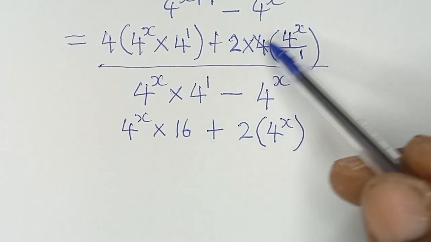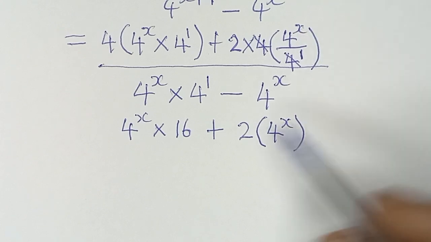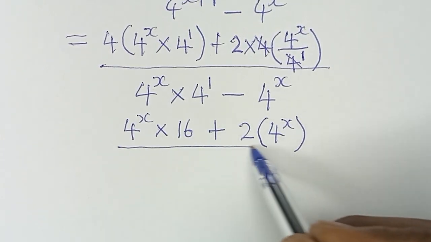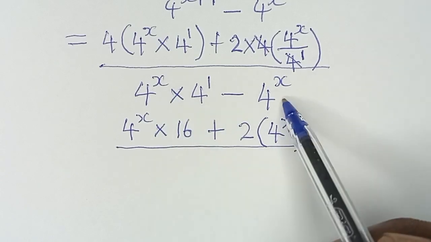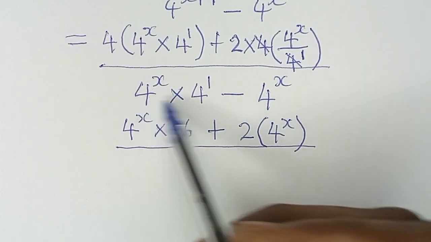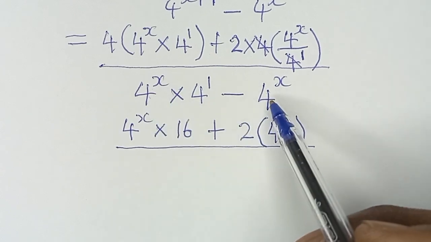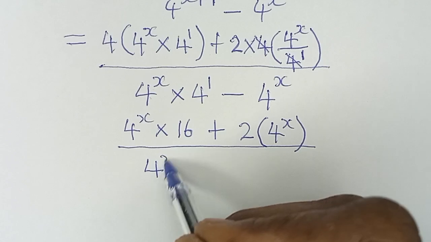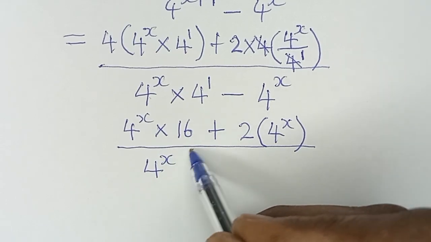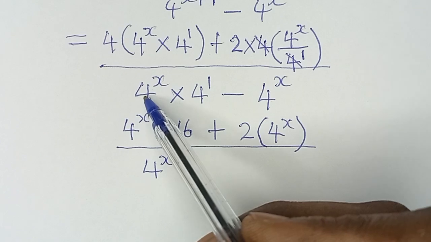So this is what I have next now. These 2 here multiplying this 4 raised to the power x. And then all over. Now, if you check this, I can factor this denominator. So 4 to the x is common, and then here is also 4 to the x. So I can take out 4 raised to the power x, open up brackets. Now, don't forget, this is 4 multiplied by 4 to the x.